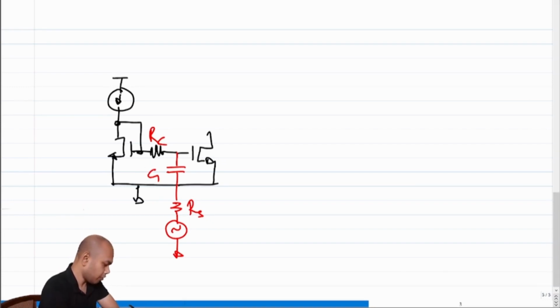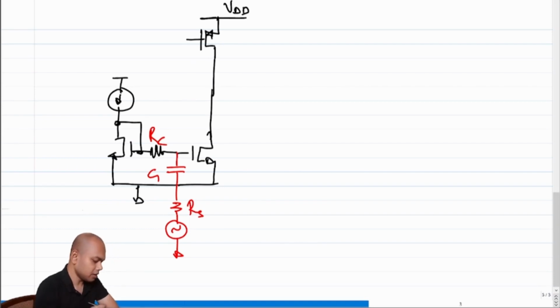Okay, so this we have already done a long time back in this course. The only difference here was, instead of putting an RL here, we would have liked to put a PMOS transistor, right? So this was VDD, but this PMOS transistor needed to be biased for the same current I0.